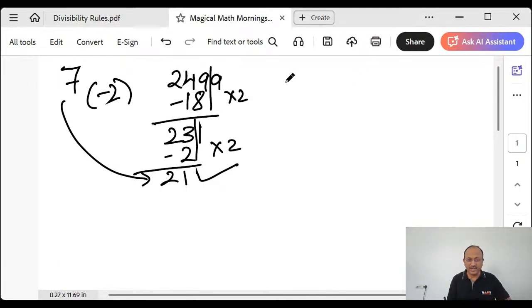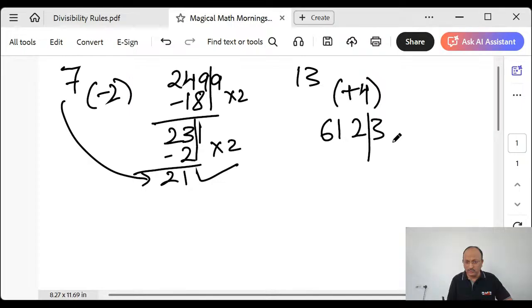Let's check for 13. With respect to 13, we had the operation of plus 4. Correct? Multiply the last digit by 4 and then the plus symbol means we have to add it. Alternatively, plus, minus, like that it's coming. And then we'll check, for example, 6123. What will you do? Last digit you will multiply with 4. 4 threes are 12 and you add it.